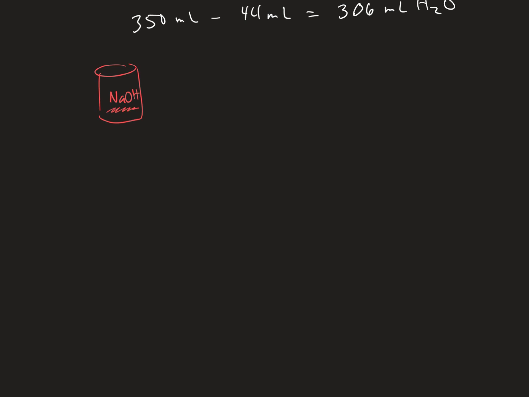So let's say we have 50 milliliters of this unknown concentration. Let's say we have 250 milliliters of this unknown. Sorry, I'm just doing this in my head. No, you know what?